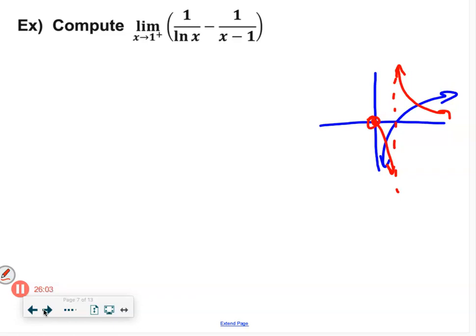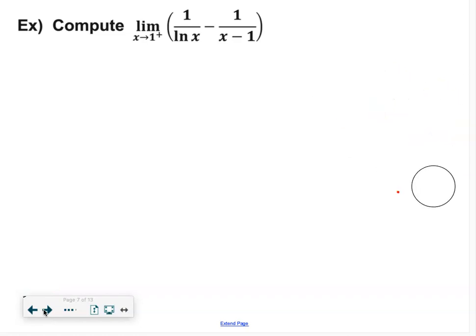Obviously on your actual work, you don't have to draw any graphs. When you are thinking these through, if your brain wants to think 1 over 0 is infinity and 1 over infinity is 0, that's fine, because that'll work for all these limits. So when you get a 1 over 0, think infinity, and when you get a 1 over infinity, think 0.